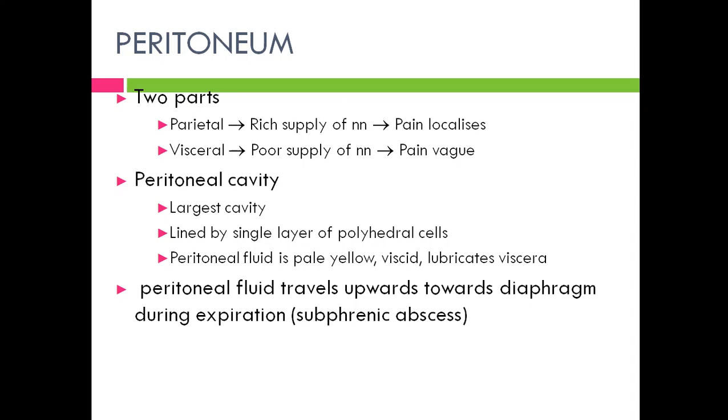The direction of movement of the peritoneal fluid is towards the diaphragm during expiration. Whenever the diaphragm descends during inspiration and ascends during expiration, the movement is more towards the diaphragm, and this may be the reason cited for the evolution of the subphrenic abscess.